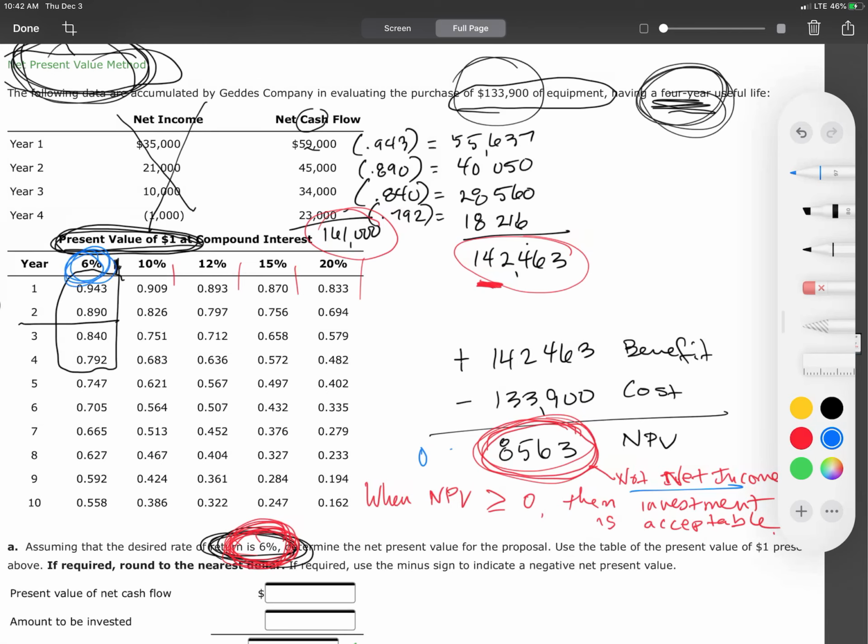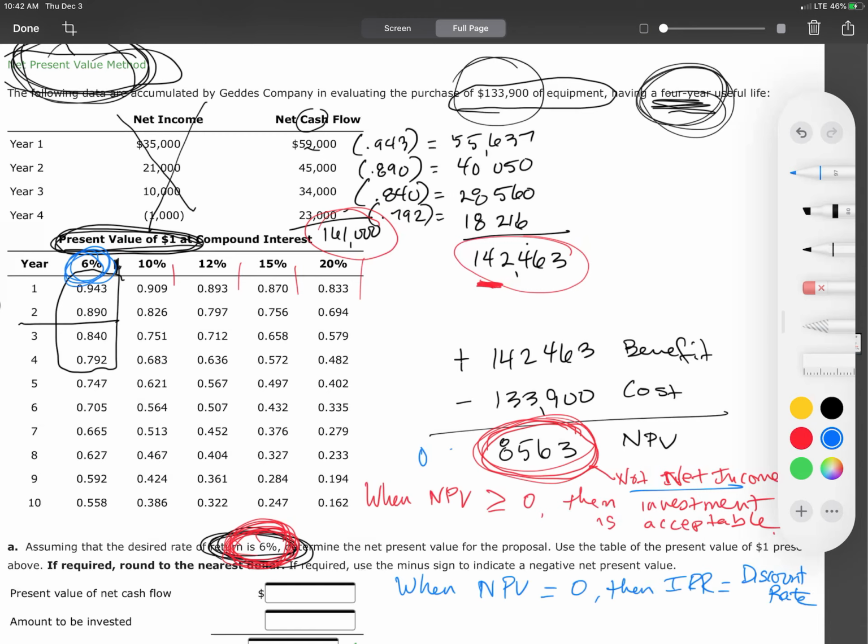Well, it's profitable 6%. When net present value equals 0, then the internal rate of return equals the discount rate.